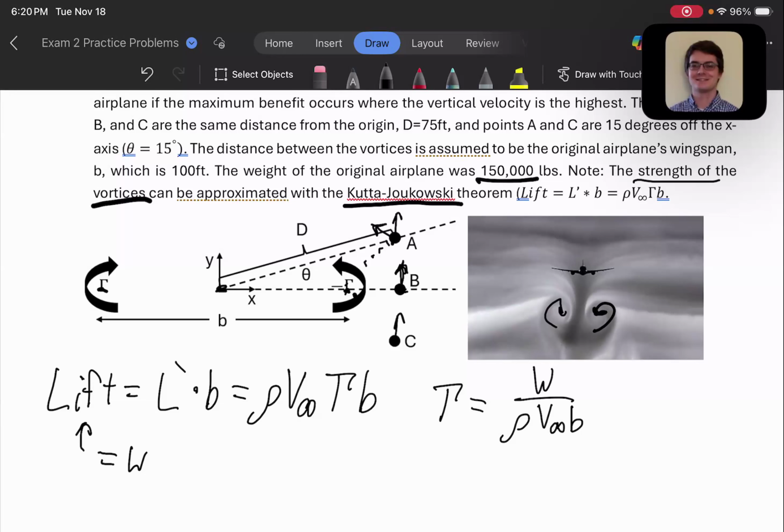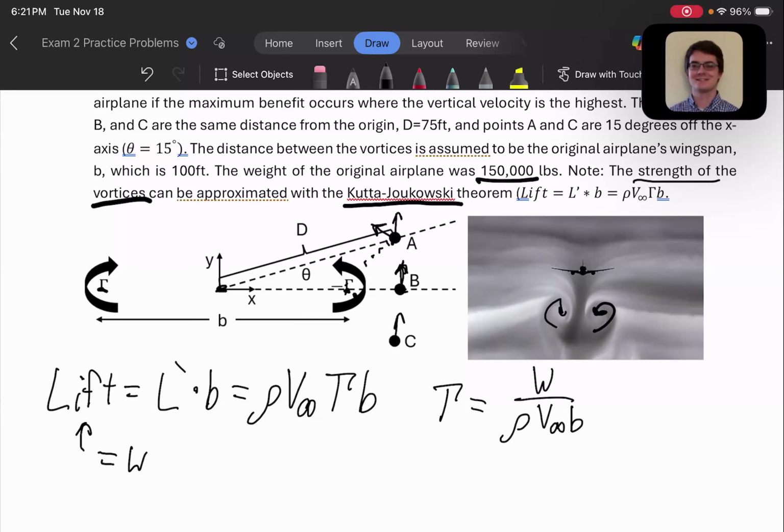Now, some of these we know numbers for and some of them we don't. Whoever put the problem together forgot to include a velocity. What you'll end up seeing is the relationship between the 3 points doesn't matter, it's not dependent on velocity. The magnitude that you get is dependent on the velocity because it's dependent on the circulation. But which point is stronger or not is purely based on the system and distances.